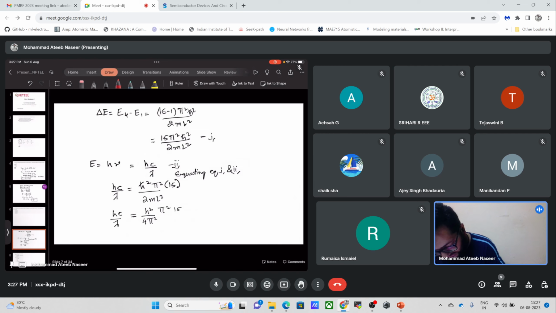Sorry, this has something in the denominator as well, 2ml square.